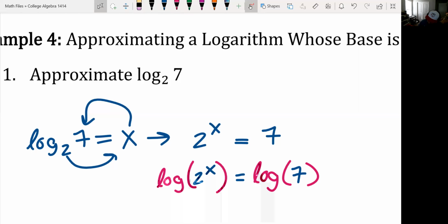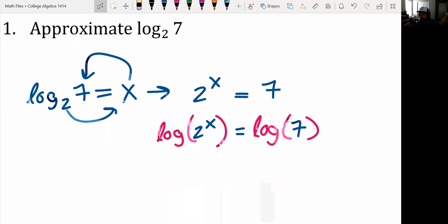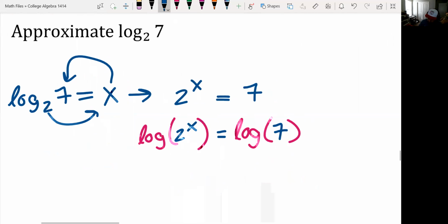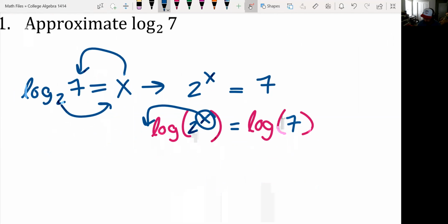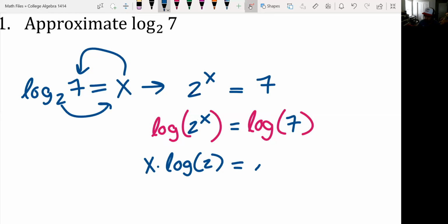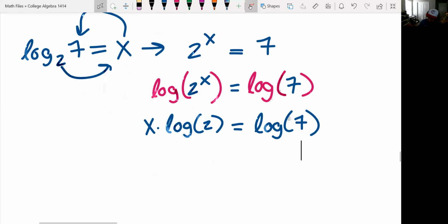And now, by using logarithmic properties learned today, we can take this x and move it to the front by power rule. So that's what we're going to do. We will rewrite this as x times the log of 2 equal to the log of 7. And now all we have to do to solve for x is divide by the log of 2.